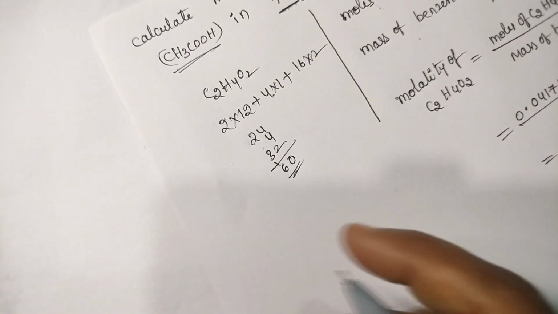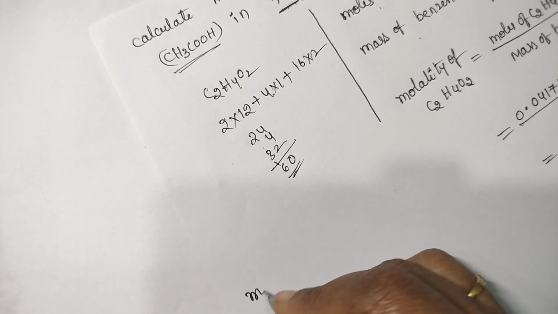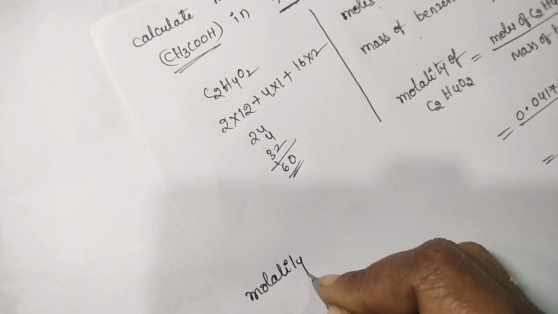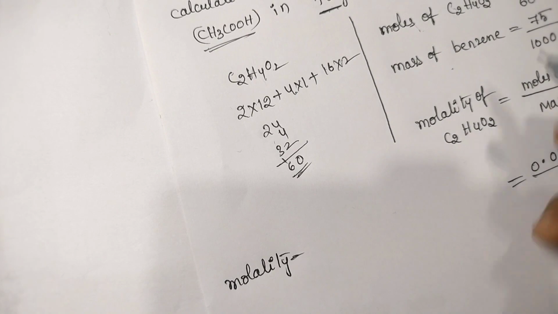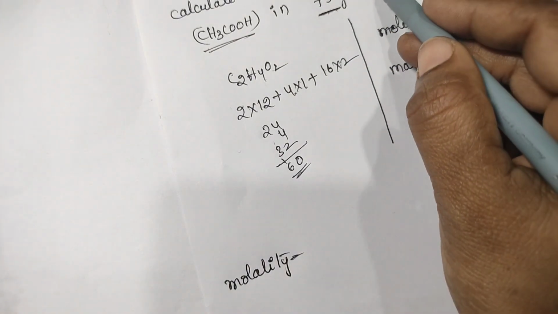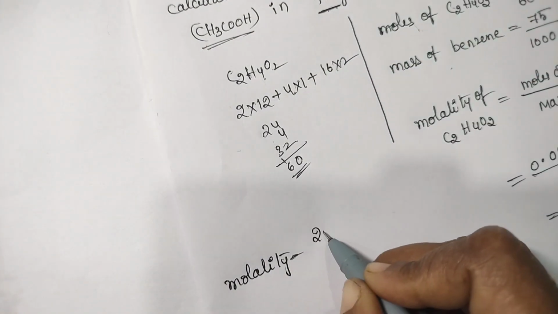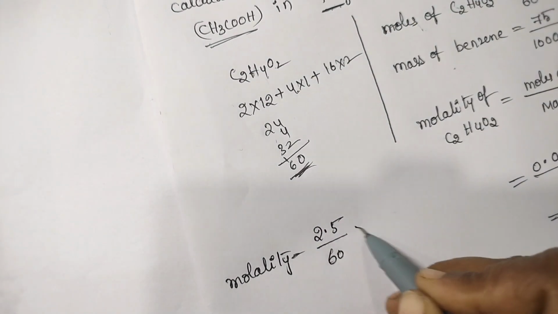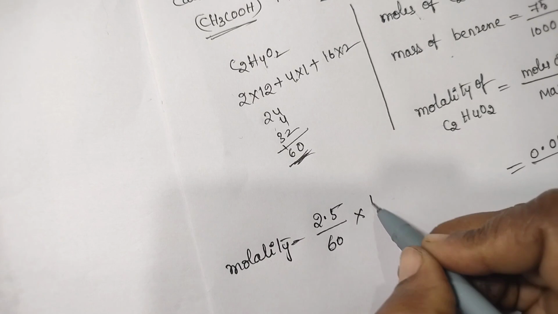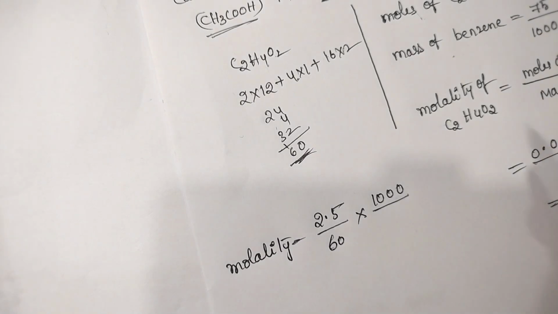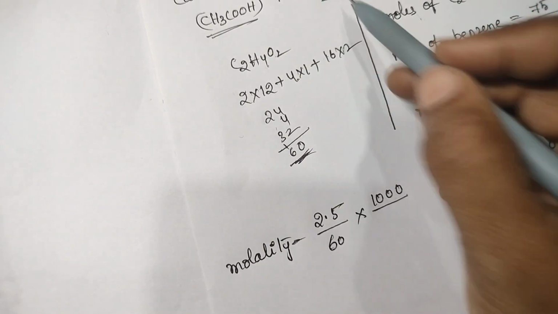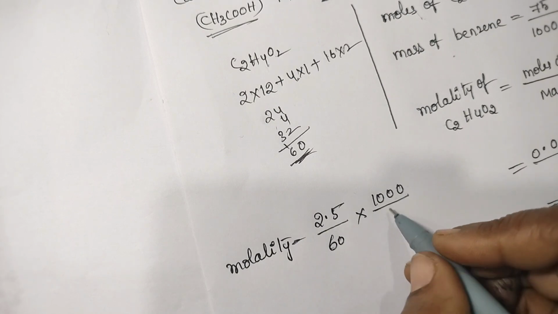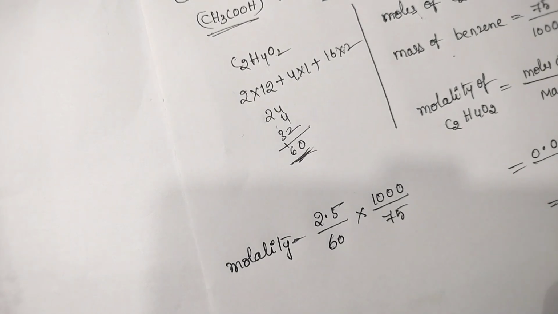Otherwise we can directly solve this question like this. Molality is equal to, what is the weight of ethanoic acid? That is 2.5 by what is the mass of ethanoic acid? 60 into 1000 by, so what is the mass of the solvent? That is 75 grams.